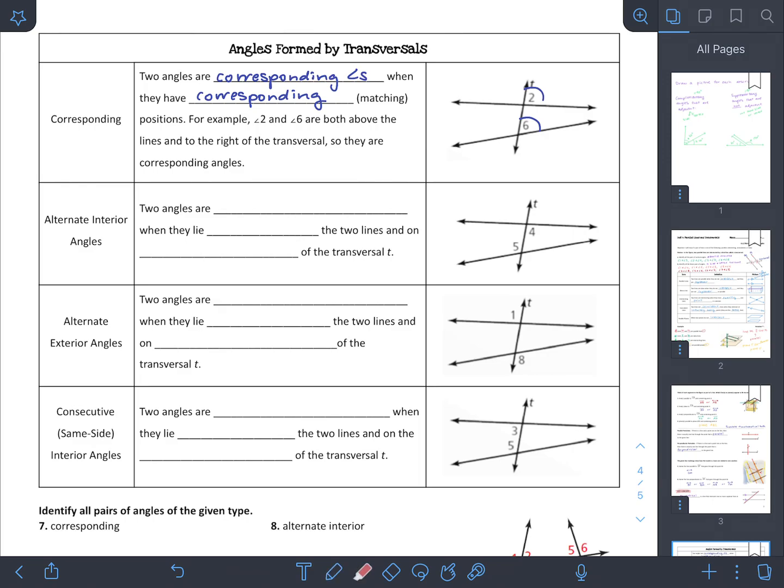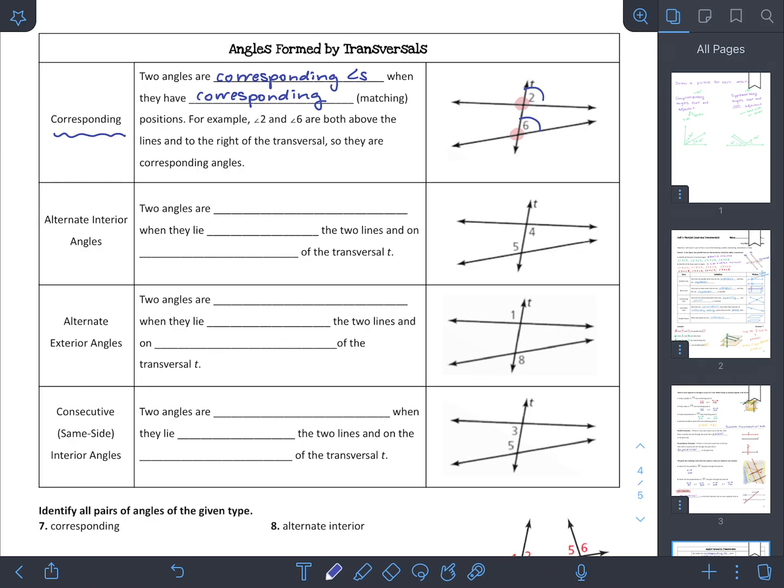So again, if we focus on these intersections, I have two places where the transversal cuts through those lines. They have the same relative position, so they're both to the right of the transversal and above the line that the transversal was intersecting. Okay, so again, this is just some new vocab we're going to see, referring to angles that are cut by a transversal.